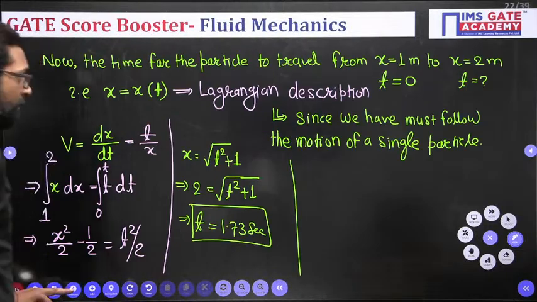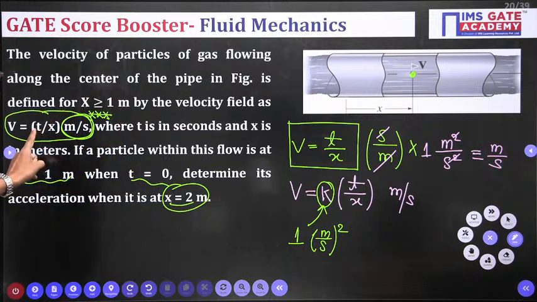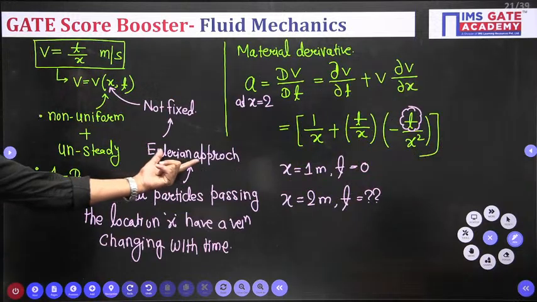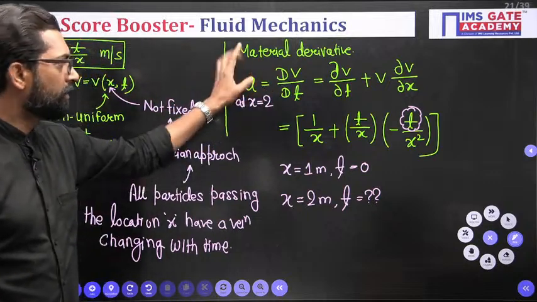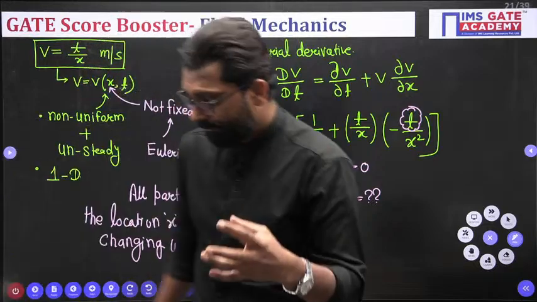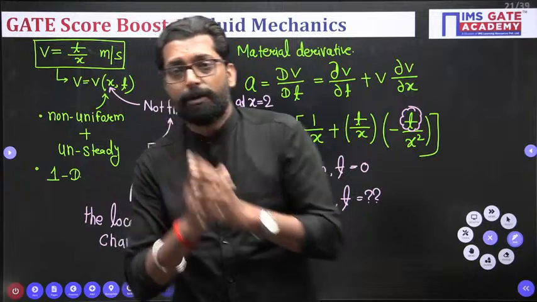How? See my dear, this is the equation. First we have to understand what is given. Second, we have to understand how to define the Eulerian approach. If you define the Eulerian approach, the material derivative, that is the field approach. What is the difference between the Eulerian approach and the Lagrangian approach?